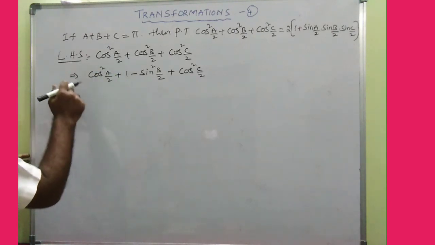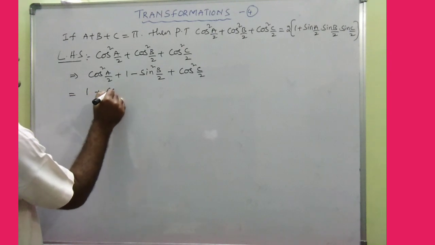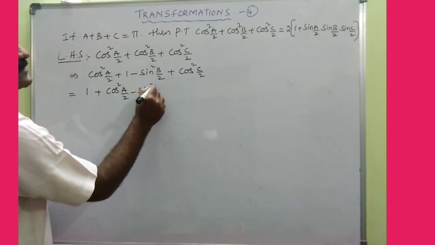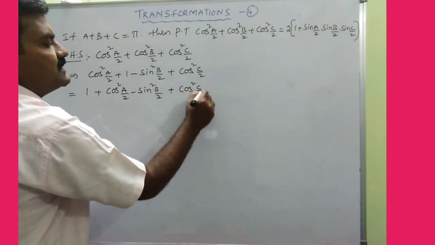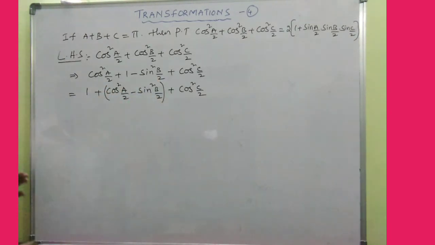Now bring this plus 1 to the beginning, so 1 plus cos square A by 2 minus sin square B by 2 plus cos square C by 2. And what can you say about this, cos square A by 2 minus sin square B by 2.